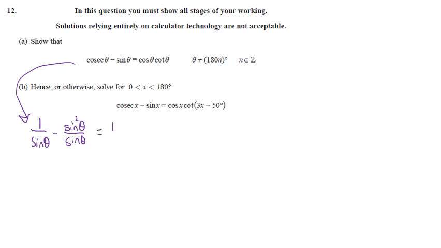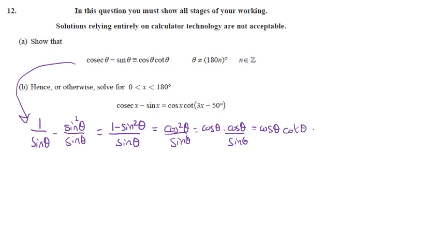So I can then write that as 1 minus sine squared theta over sine. 1 minus sine squared is cos squared, of course. And then I'll split that up into, so cos squared is cos times cos, so that's cos theta times cos theta over sine. And cos over sine is cot. So there we are.